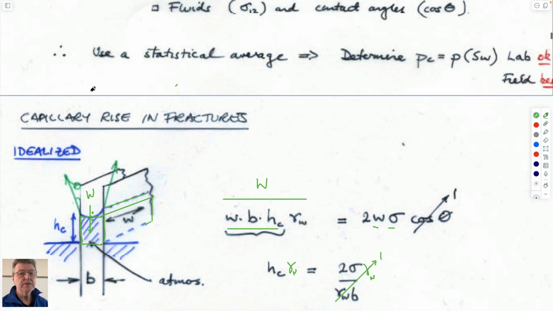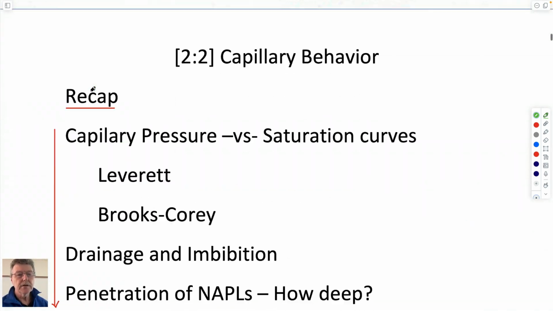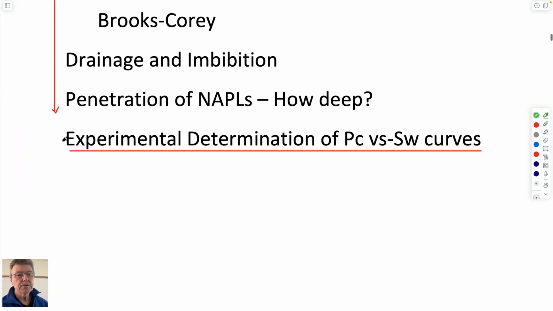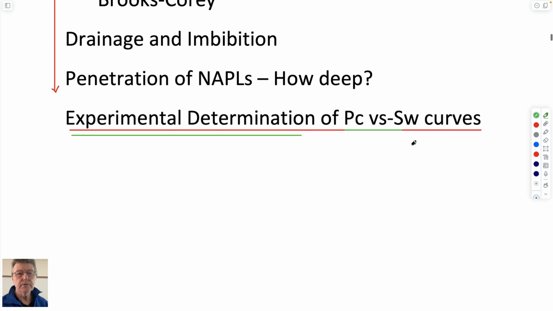And so we can use our understanding of those two behaviors to look at real rocks and use those to determine what we'll call capillary pressure, which we know is now by definition, and we know what saturation is. Saturation is the amount of the fluid within the pore space. 100% water saturated, no air in the pores. 50% water saturated and 50% non-wetting fluid saturated, then that's the distribution of those.